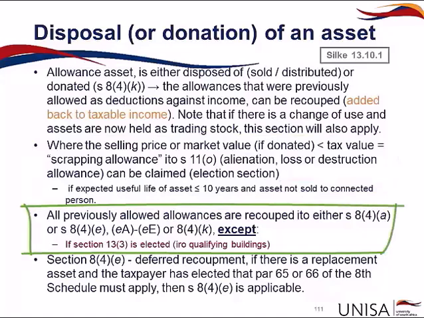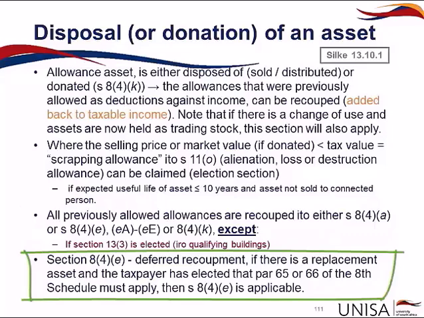All previously allowed deductions are recouped in terms of either section 84A or 84E. 84A would include the recoupment into our taxable income in full. Section 84E, however, has a deferring provision to it. If section 13.3 is elected, with regards to qualifying manufacturing buildings, we will set off the recoupment against the cost of the replacement manufacturing building.